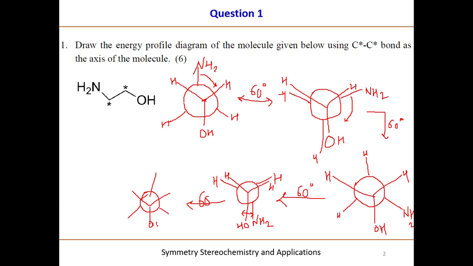OH. By keeping one carbon at its own position, we are rotating the backside carbon atom. So here we got again the staggered conformation.